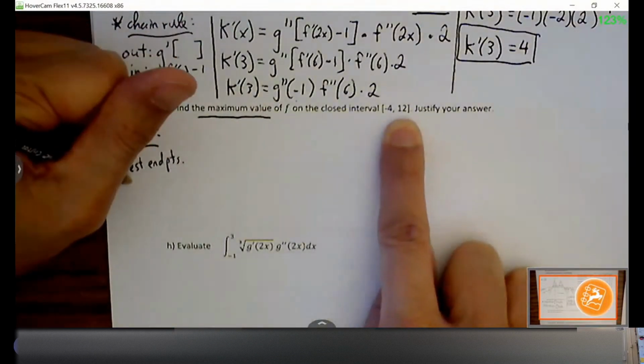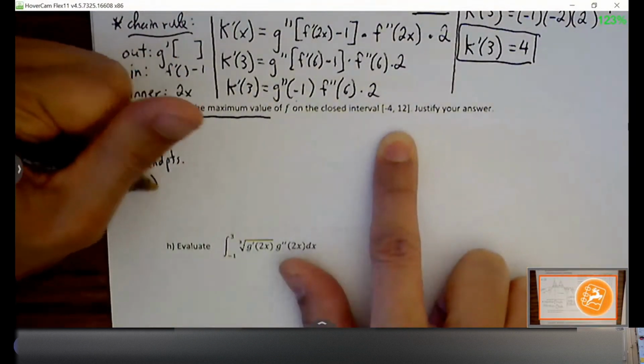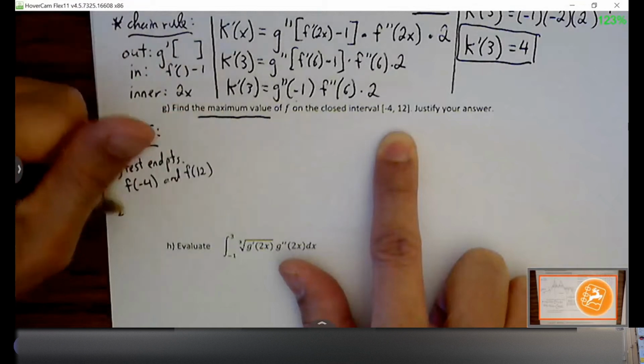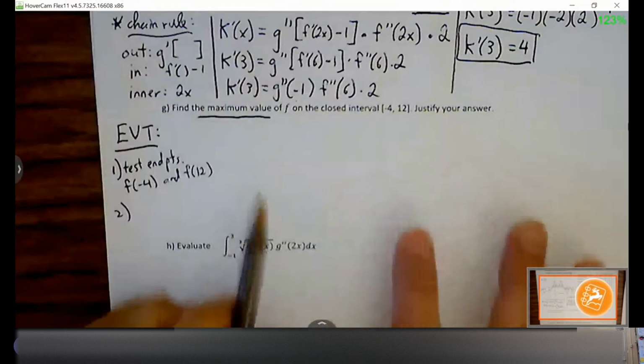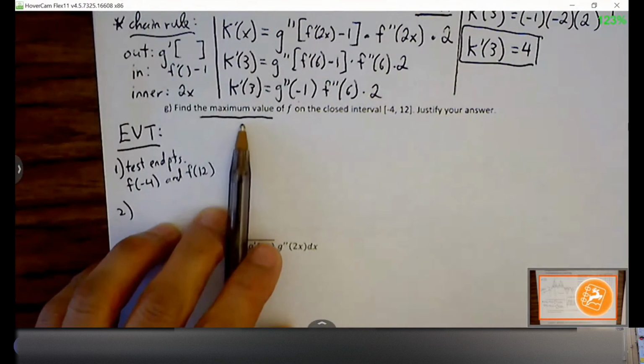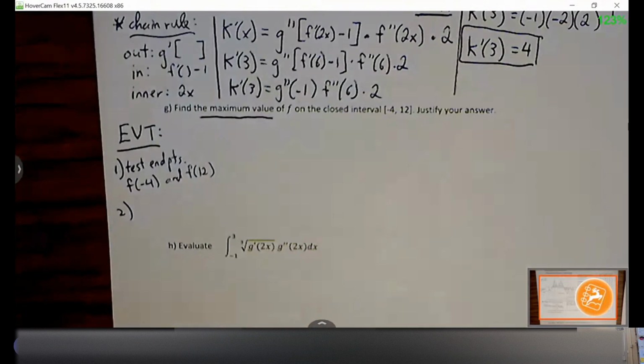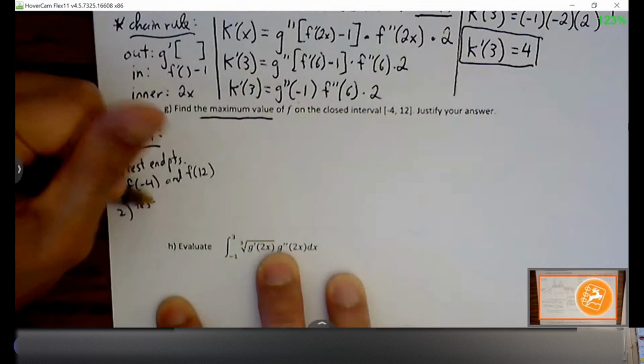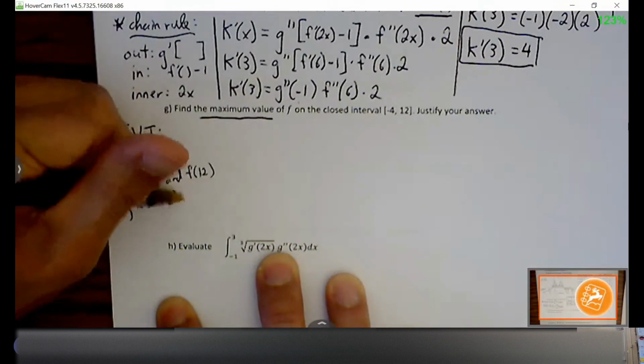We need to find f of -4, and we need to find f of 12. And we also need to test critical points. But since we're only looking for maximum value, we only need to test relative max. There's no need to test relative min, because relative min has no chance of being the maximum of the graph. So we'll test our critical points. In this case, though, just a relative max.